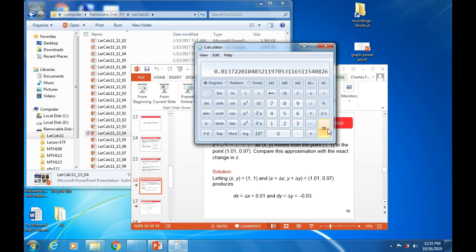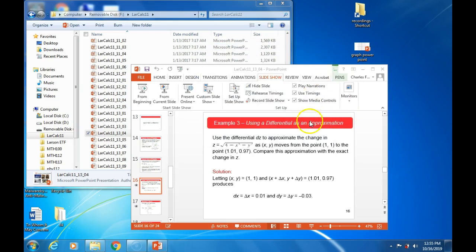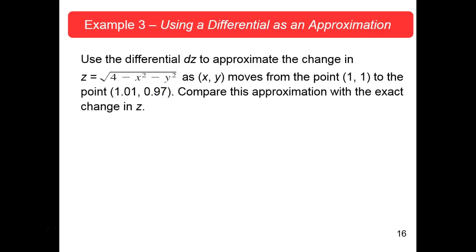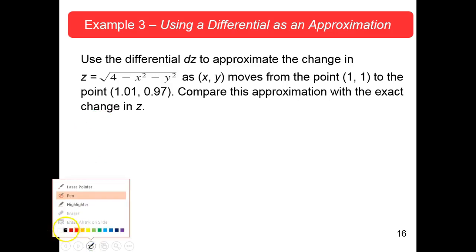I'll go back and see what I did. Okay. So that's what they came up with, and unfortunately it's erased everything we just did. Yuck. I feared that it was going to do that. But the delta z we had before, let me get my pen back.